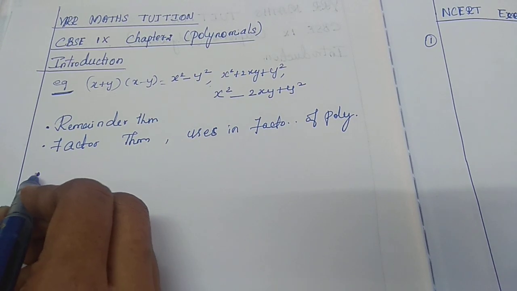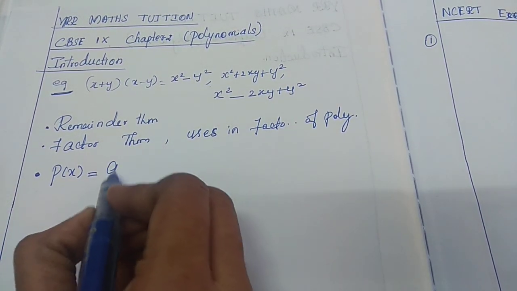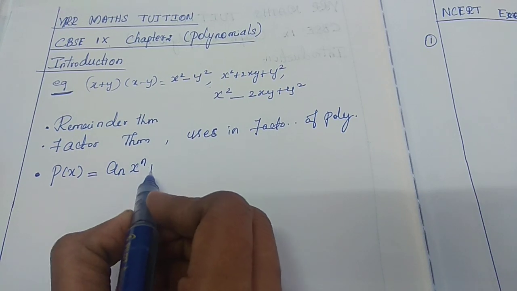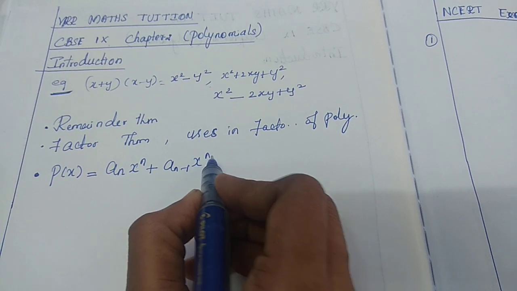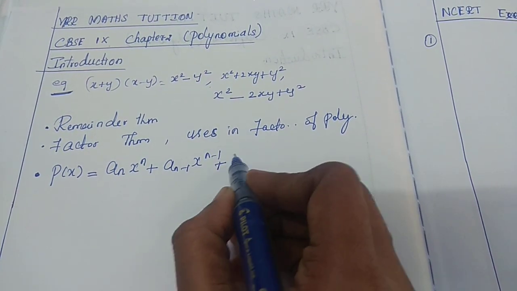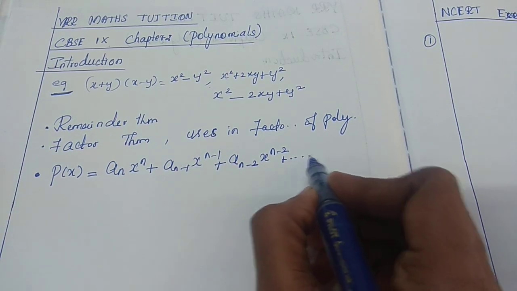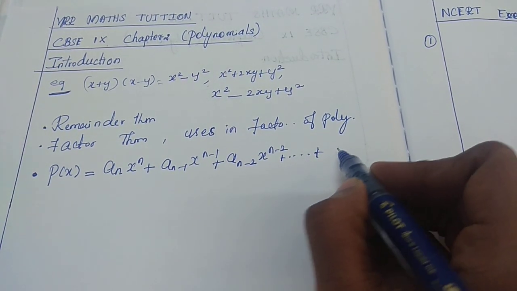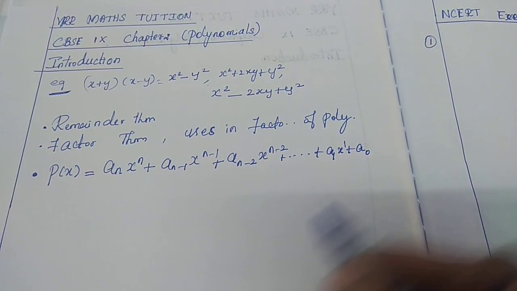And consider the expression now. Some expression p of x is equal to an x power n plus an minus 1 x power n minus 1 plus an minus 2 x power n minus 2, and going on, the last ones being a1 x power 1 and a0.